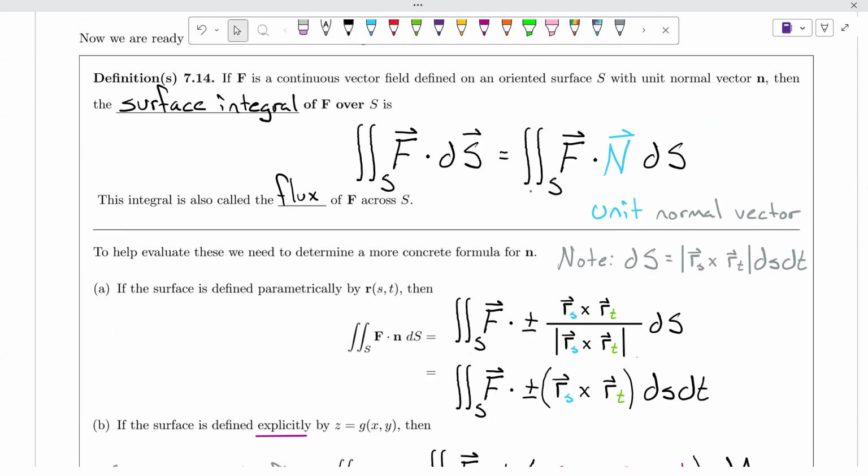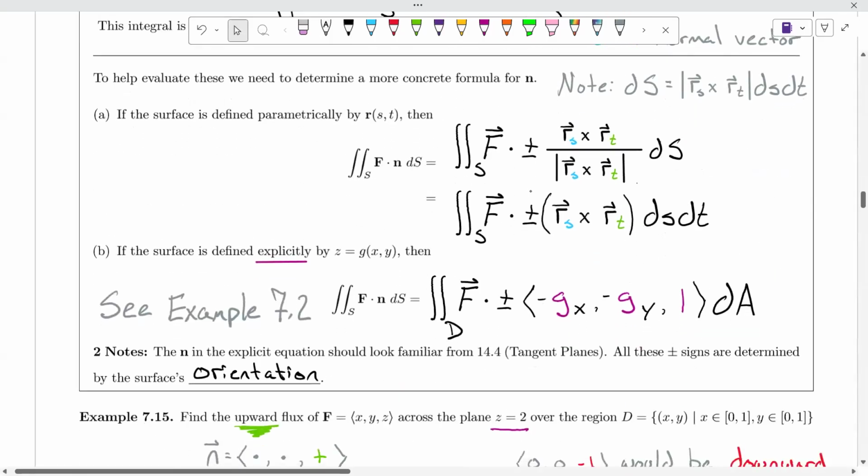So I think I called it flow instead of flux just to differentiate between the two. But this is now proper three-dimensional flux. So if you've seen a physics class that is calculus-based, you've probably seen this integral before. So flux, again, it's the surface integral of a vector field through some surface.